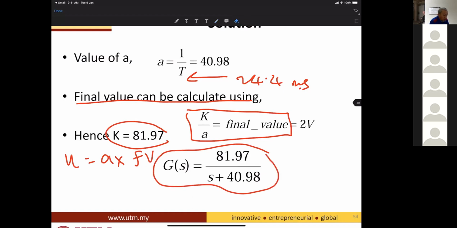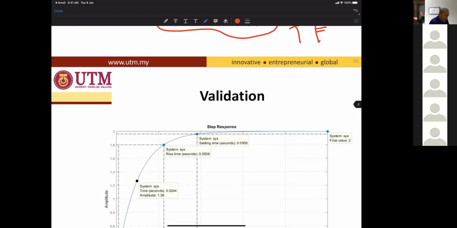So this is what I call the estimated transfer function based on the calculations from the graph.